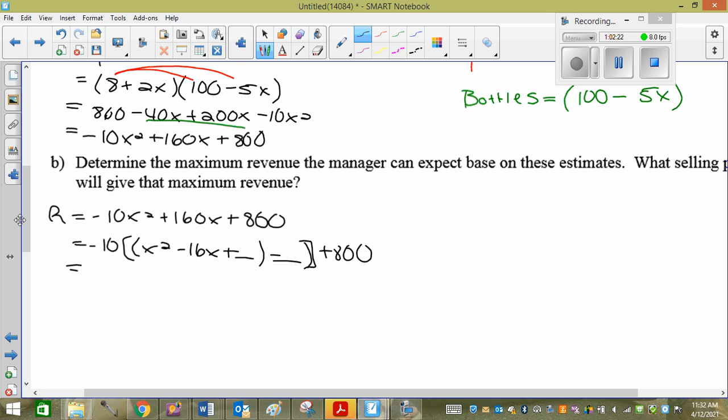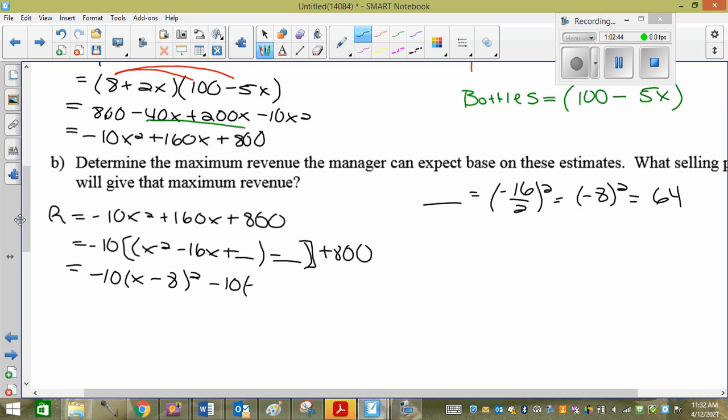Our middle term there is going to be negative 16 over 2, squared, which is negative 8 squared, which is 64. So we have negative 10 times the bracket x minus 8, squared, and then negative 10 times negative 64, plus 800.